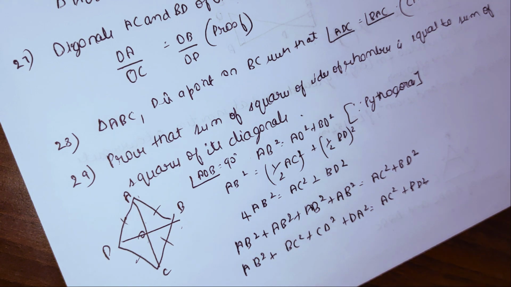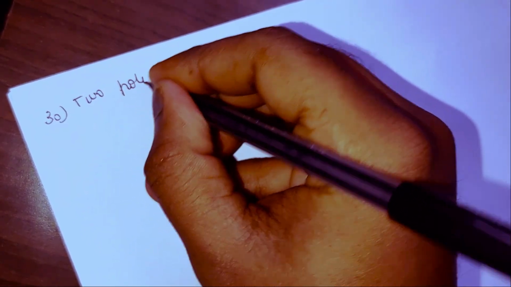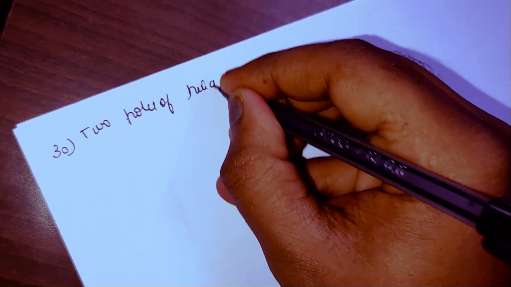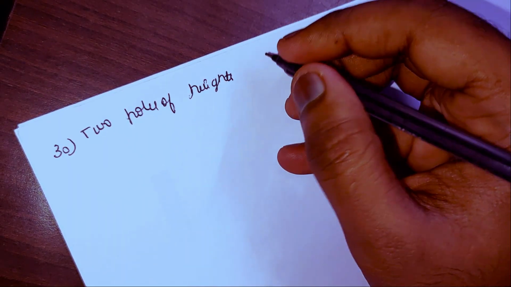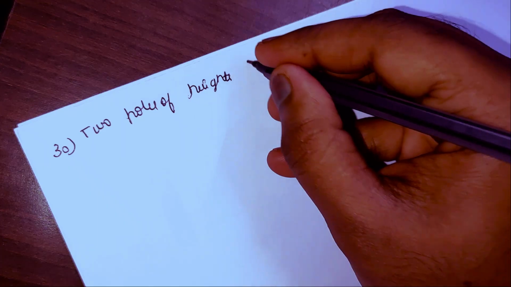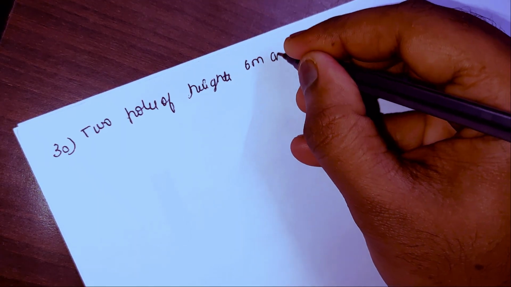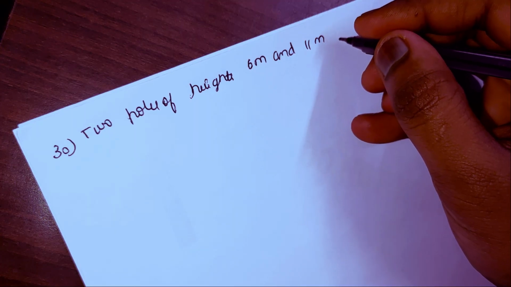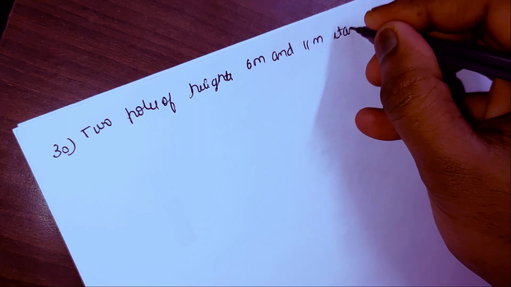We will move into the 30th question. Two poles of heights 6 meter and 11 meter stand on a playground.